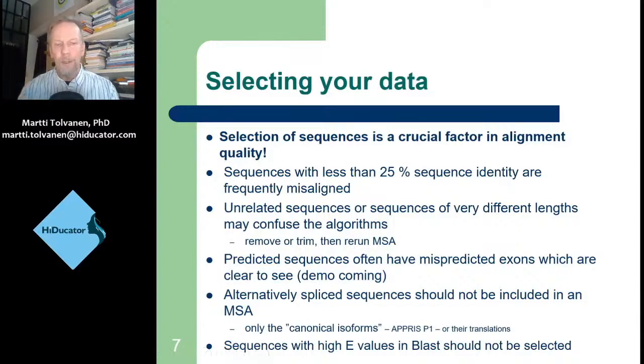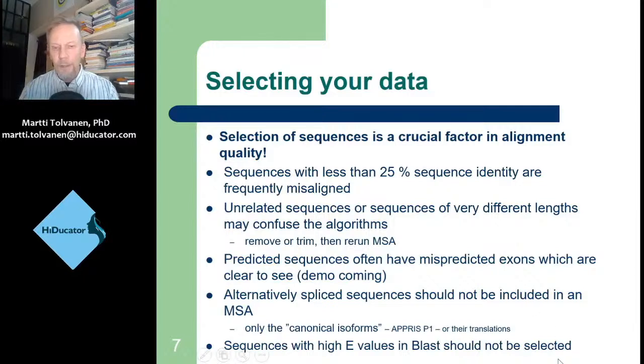Or if we are looking at proteins, we should nitpick that we are looking at the translations of these isoforms. But the idea is that we should have the same set of homologous exons that code for the proteins you study. If you have alternative exons, the exons are not homologous, they are from different places of the gene. They tend to be aligned to the same place where they are in the protein, but they are not homologous and your inferences are not correct.